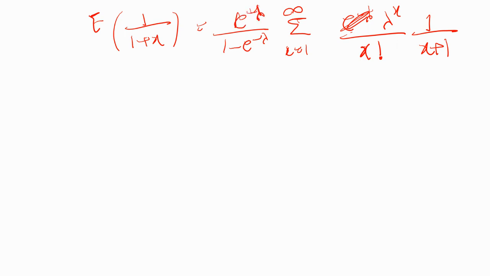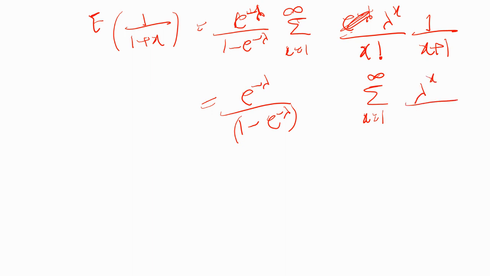Then x plus 1 we can combine with the factorial, so we get the summation from x equal to 1 to infinity of lambda to the power x over x plus 1 factorial.